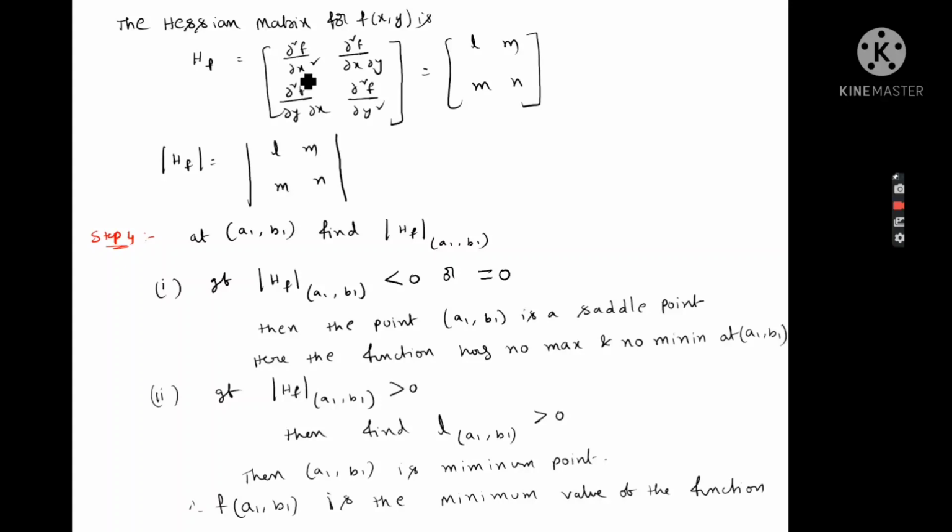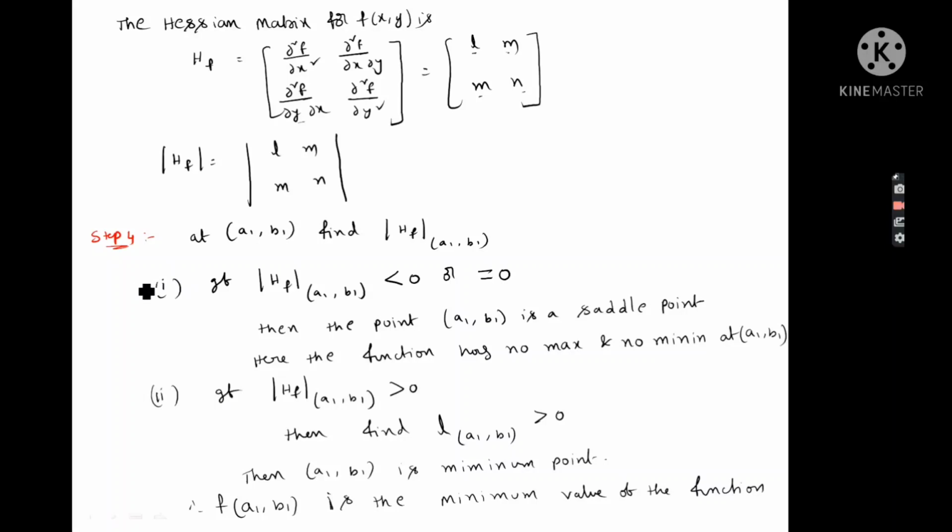Instead of writing d square f by dx square, we just put L; d square f by dx dy means M. Instead of writing all this, we just denote it with L, M, N. Now the modulus of the Hessian matrix Hf equals the modulus of the determinant with L, M, M, N. After finding Hf, we already have the L, M, N values, so we substitute them in this determinant and get some value.